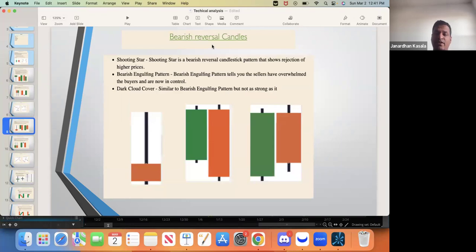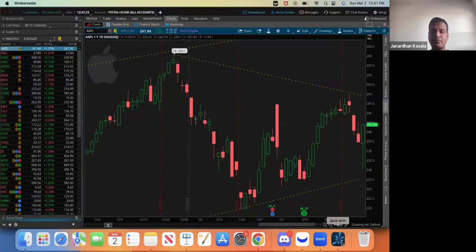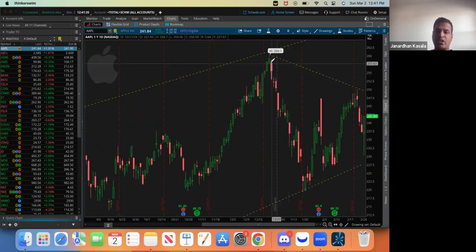Here are the bearish reversal candles, exactly the opposite of what we discussed. You are in an uptrend, and this candle tells you sellers are coming in. Look at this one. Even though it closed green in a bullish trend, look at this candle: buyers are getting exhausted here.